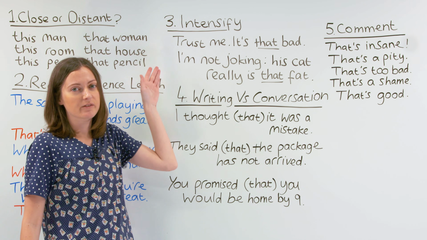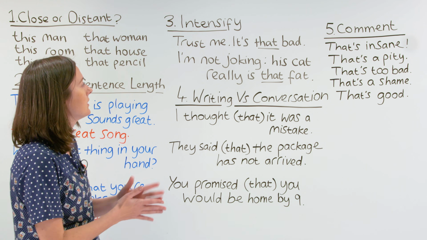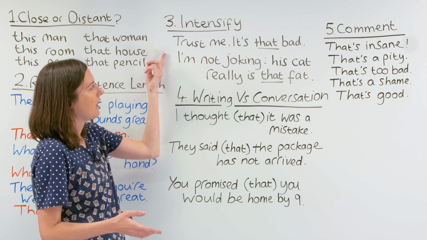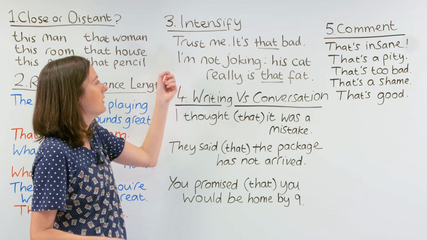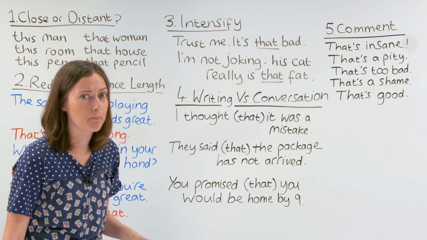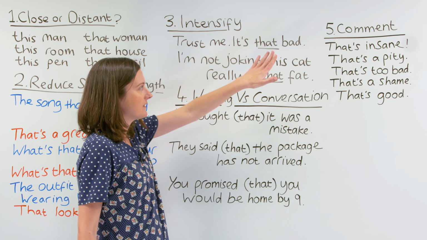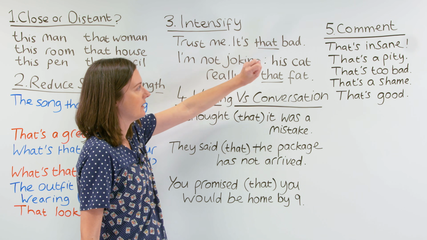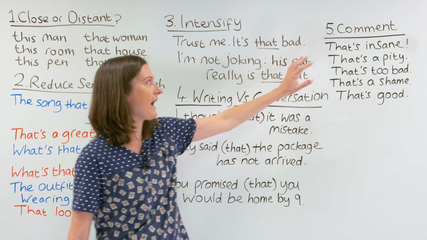The next use of "that" is to intensify something, make it more strong. I can say, an example situation, trust me, it's that bad. And I use my tone of voice to add the intensity on "that" and also a bit on "bad."